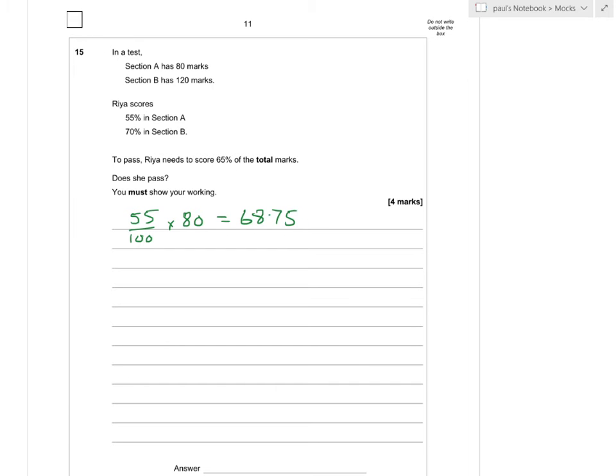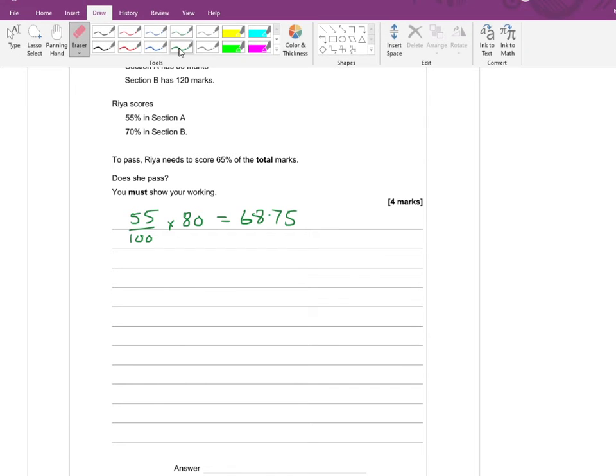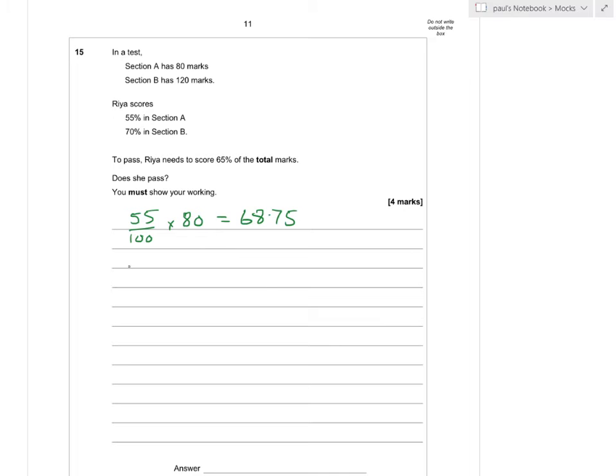I think. And in the other section, she got 70% of 120 marks. So 70% times 120 means she got 84 marks in that one.